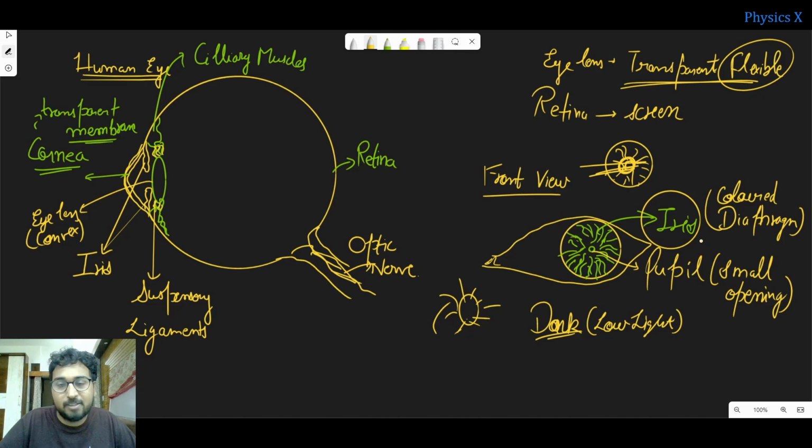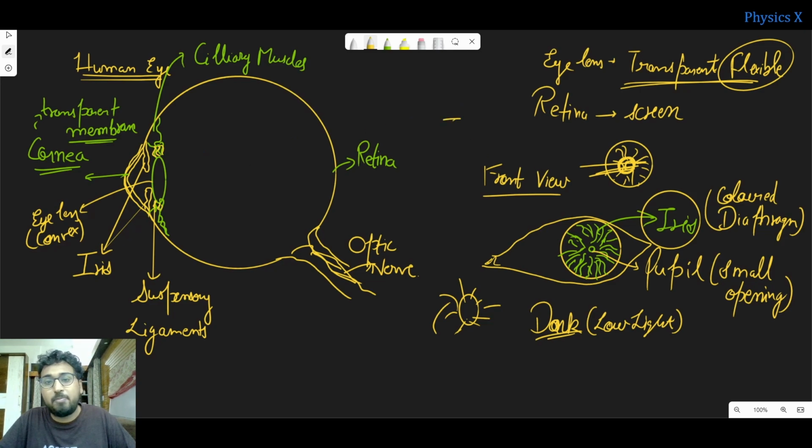The moment you enter the darker room, your pupil is still small, and for a short time the iris will adjust and the pupil size will increase slowly, and till then you won't be able to see properly. After some time the pupil will widen, more light will enter, and you can see properly.